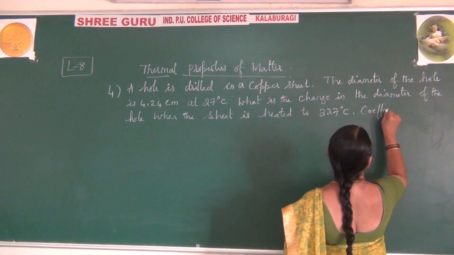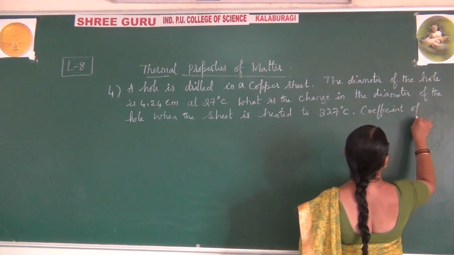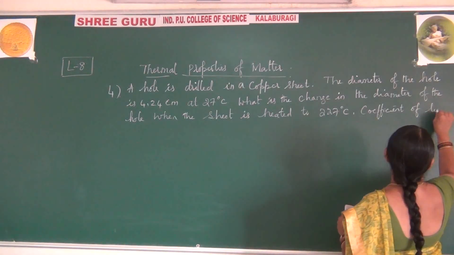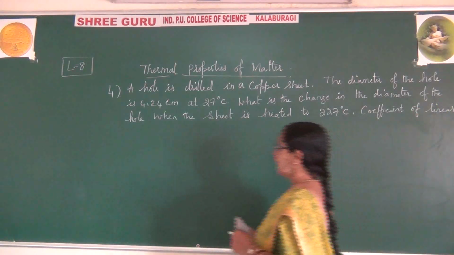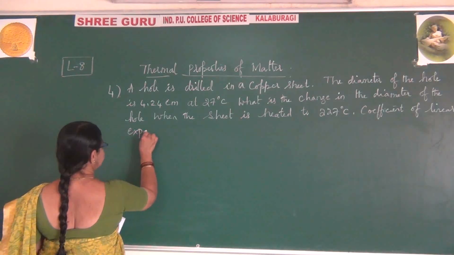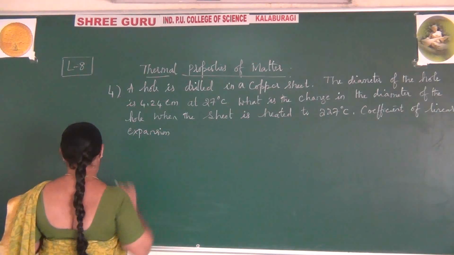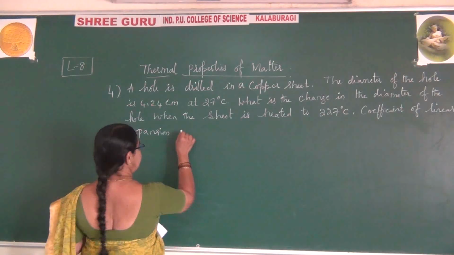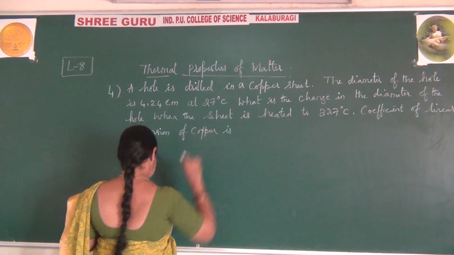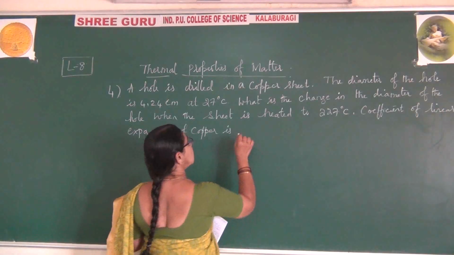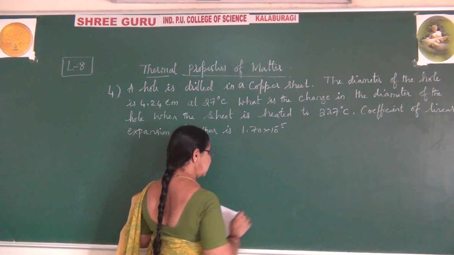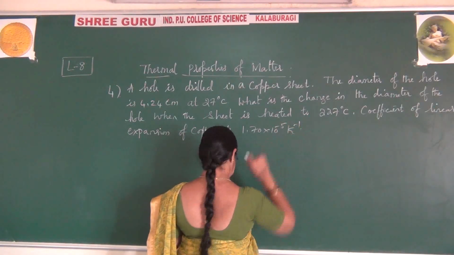Coefficient of linear expansion of copper is 1.70 into 10 raised to minus 5 per Kelvin.